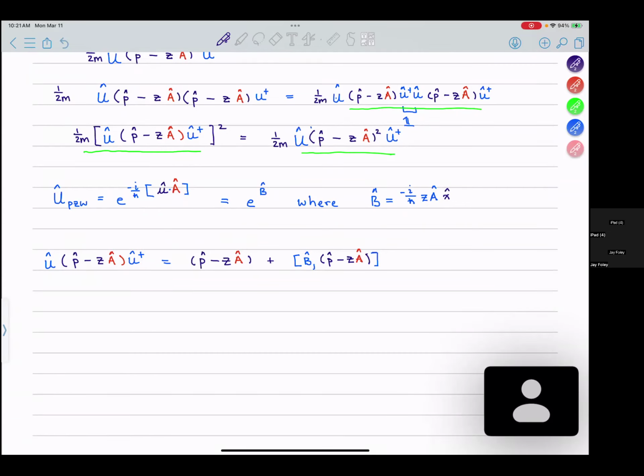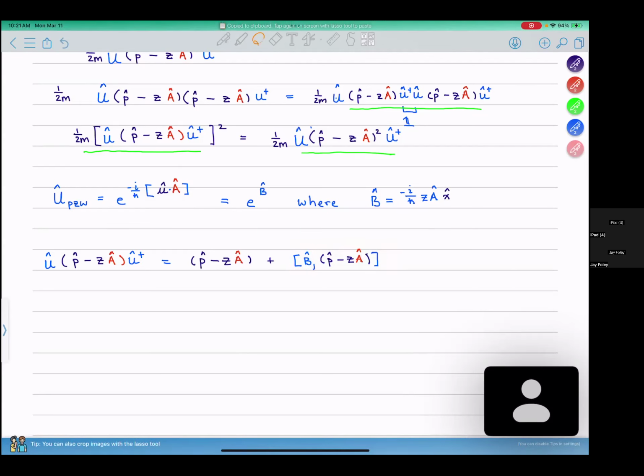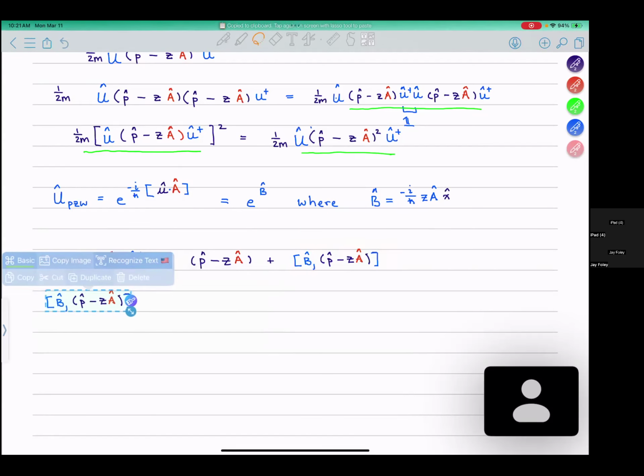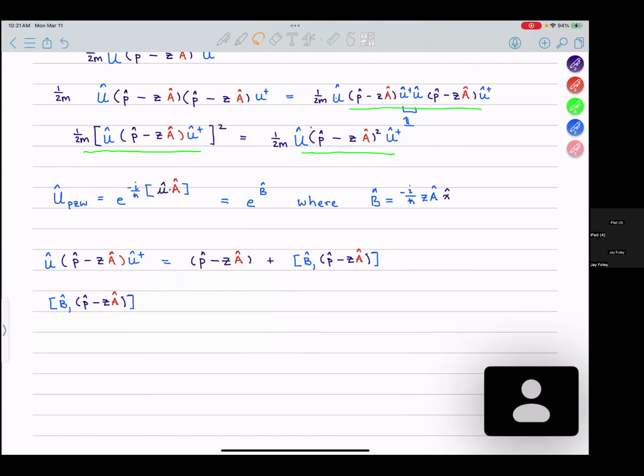So what do I have in B hat? Let's just copy this in a new line and expand B hat. Well, first of all, let's expand the commutator.